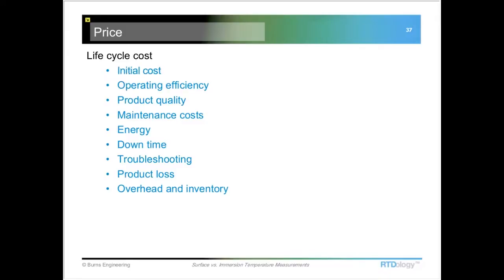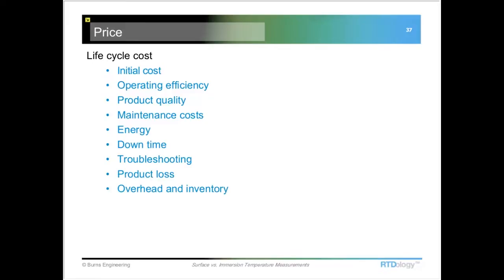And finally here, we're just looking at the life cycle cost of the part. And usually, the initial cost of the sensor is one of the lowest, the least amount of money you're going to spend on that measurement point.